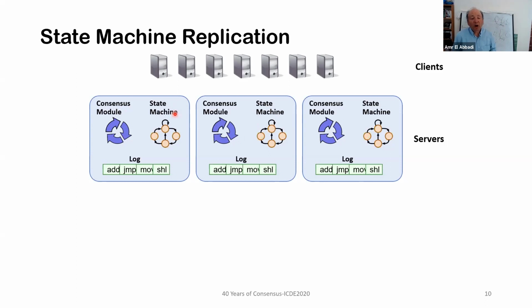So the problem of managing replicated objects can be filtered down to a problem of managing a replicated log, where the log becomes consistent across the different copies. If I'm able to update the log so that the order of the operations is identical among all of them, then I know that eventually the state of each of the different replicas is going to be the same.